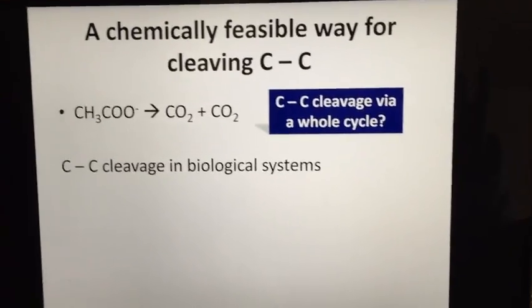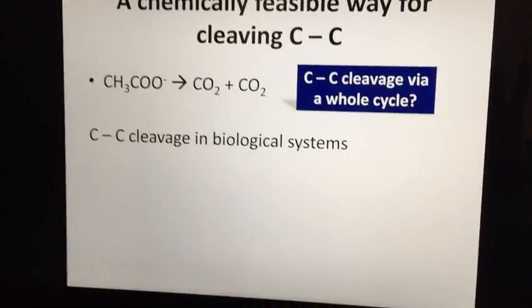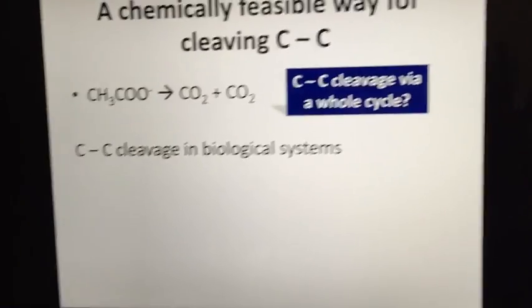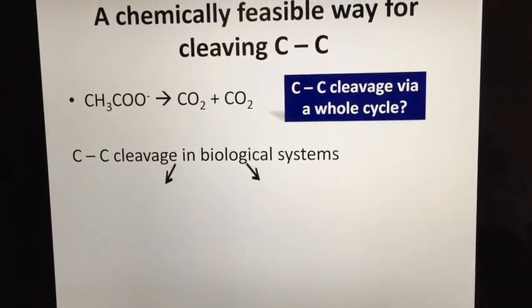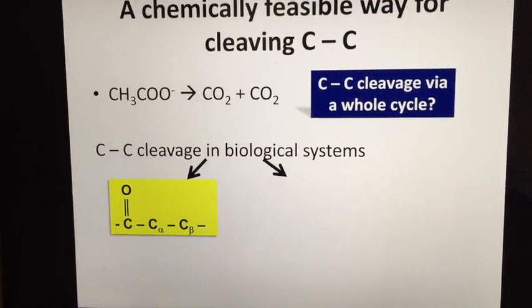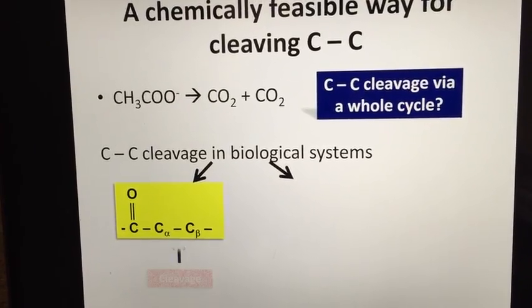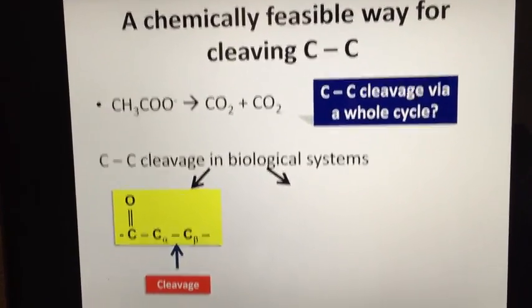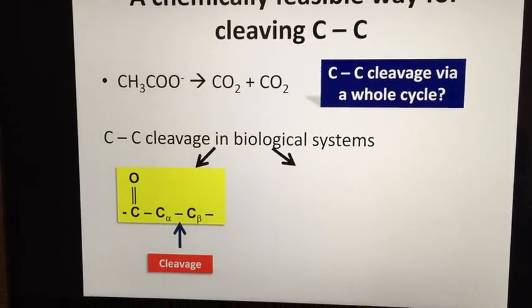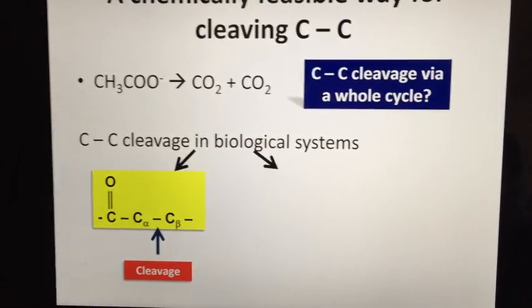But the truth is that it is necessary, because in biological systems, there are 2 different ways in which a carbon-carbon bond can be cleaved. Either there is a cleavage between an alpha carbon and the beta carbon of the carbonyl group.